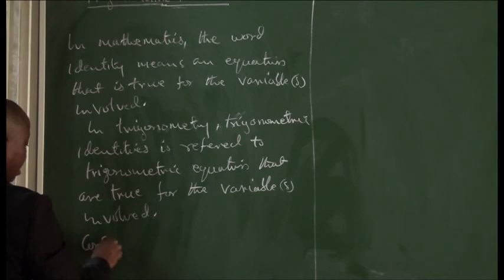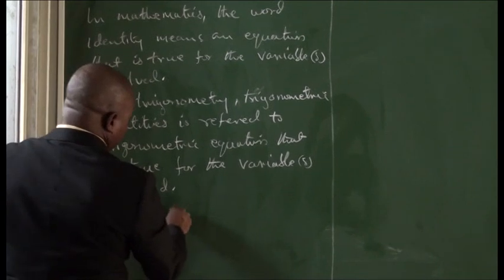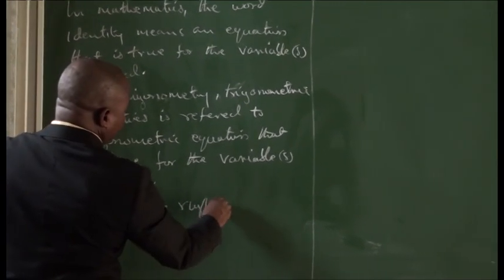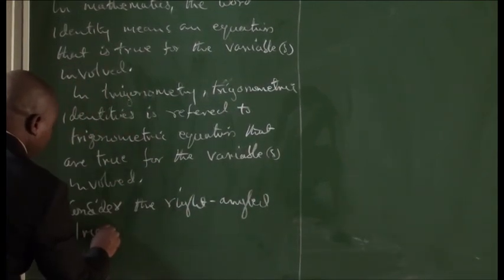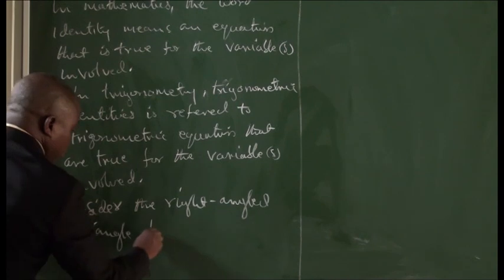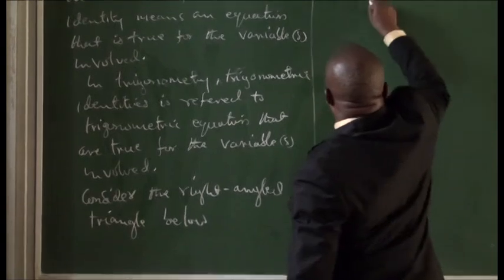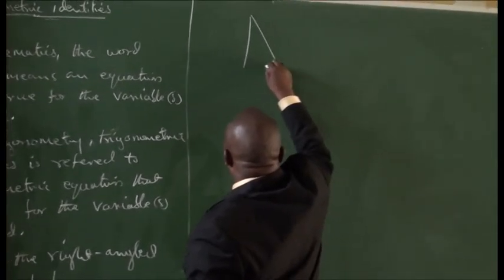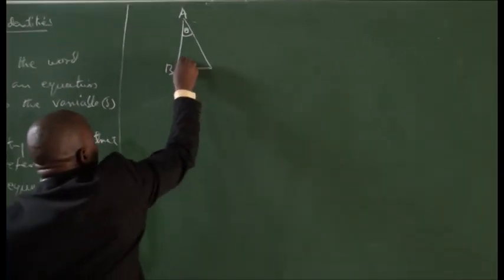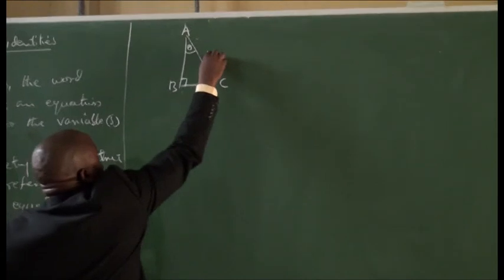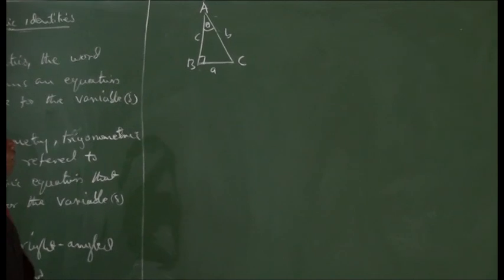Now, to derive these identities, we'll consider the right angled triangle below. Consider the right angle triangle below.